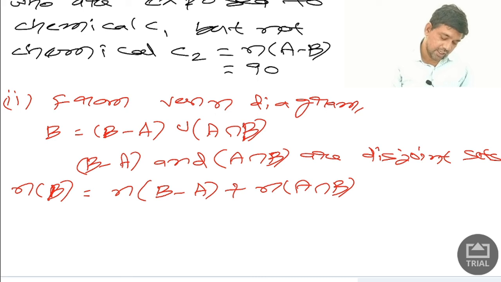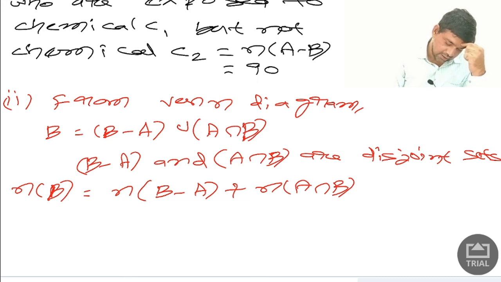What is N of B minus A? First of all, what is N of B here, guys? From the previous problem, N of B is 50. So this is N of B minus A as it is, plus 30.